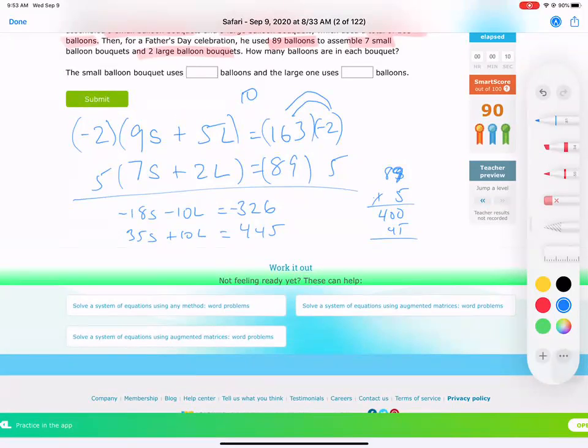So 35 minus 18 is 17. Those go away. And this is going to be 111, I think. Is that right? Let me check that.